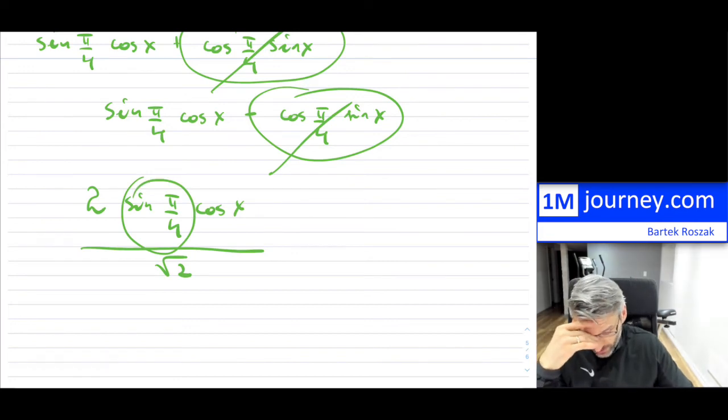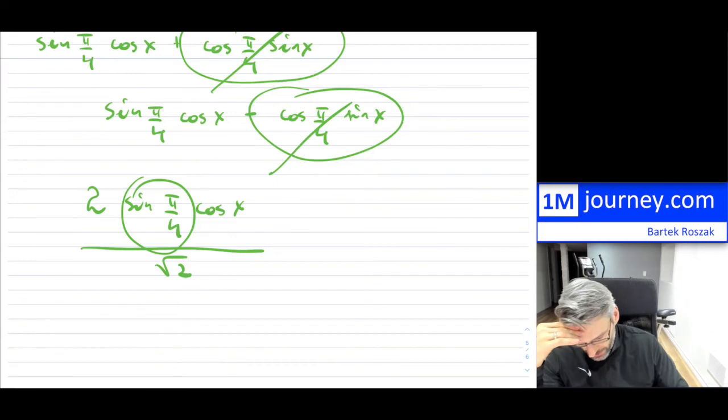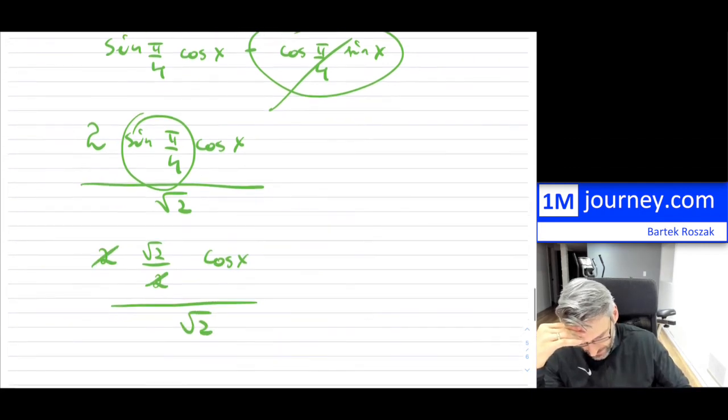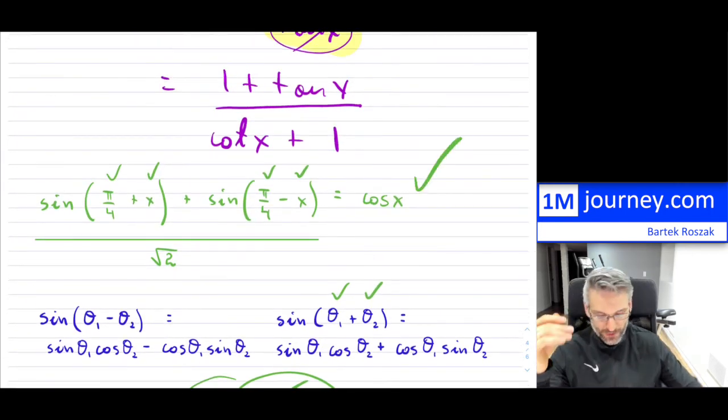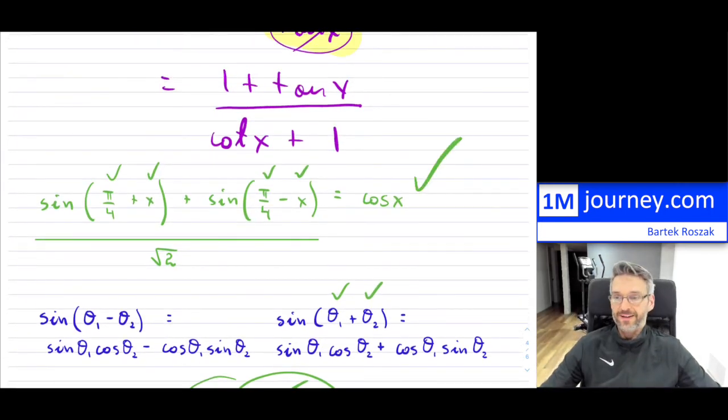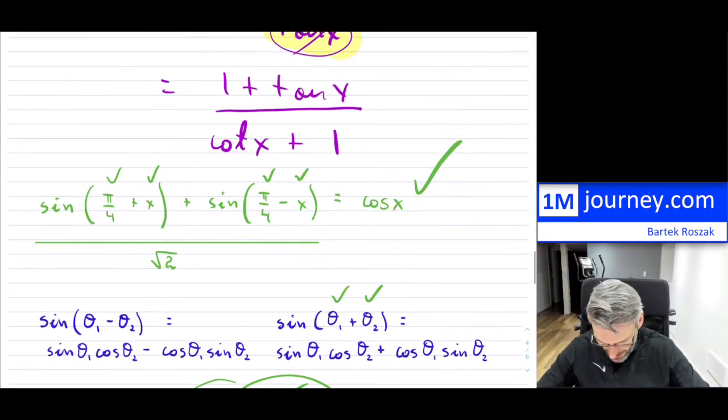Sine of pi over 4 is square root of 2 over 2, times 2 cos of x, so that cancels, and this cancels. And you have cos of x. So this just equals cos of x. Was that what it was? Yes. Okay. So that's the right-hand side. So that's another trig identity that we have.